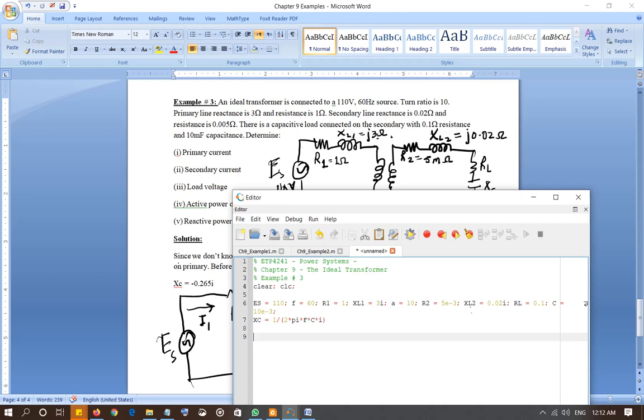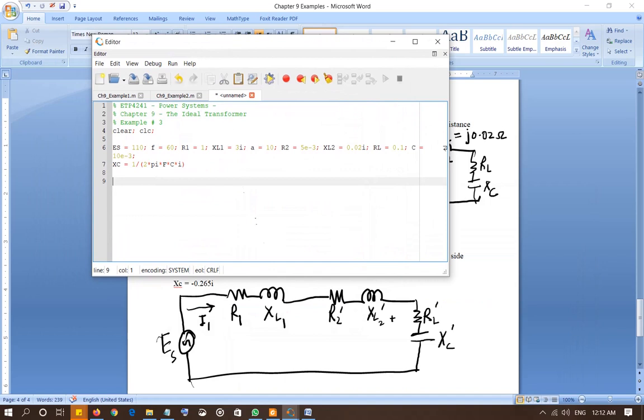Alright, now let's calculate the quantities that we are reflecting on the primary side.